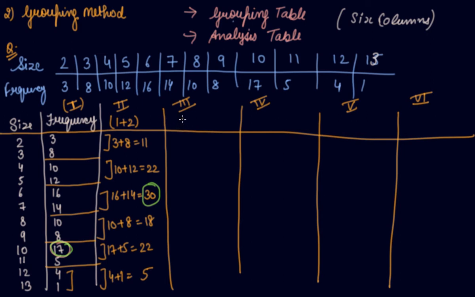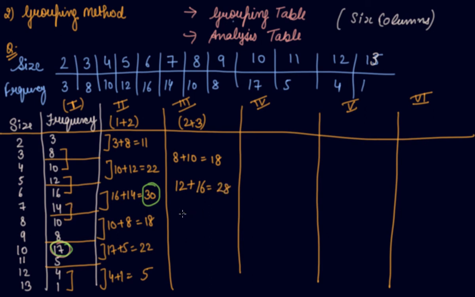In the third column, we add the second and the third frequency, which is 8 plus 10 is 18, and then we keep on adding the other 2 frequencies, that is 12 plus 16, but we start from the second frequency. We leave the first frequency here and group accordingly.